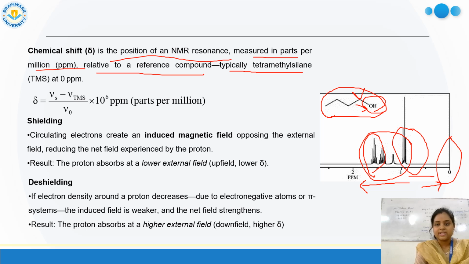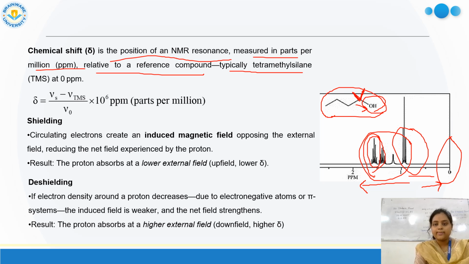That means these protons experience fewer electrons around themselves, so they will experience more magnetic field. So these two protons are the most deshielded protons. The last peak is due to these two hydrogens.